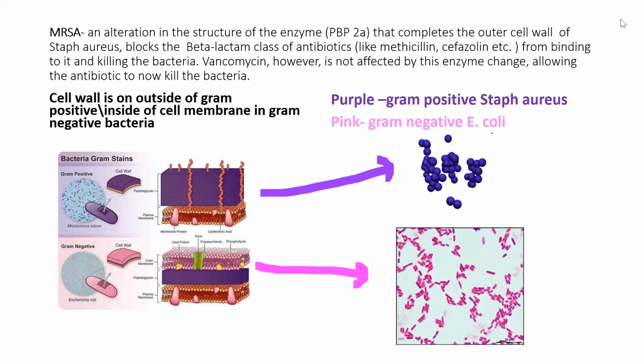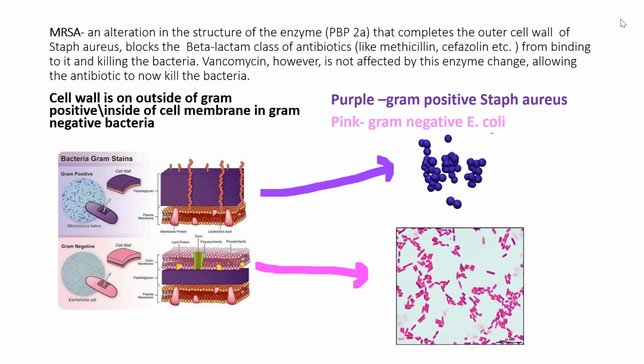Gram-negatives, on the bottom, have the cell wall sandwiched in between membranes. So an antibiotic such as vancomycin, which affects gram-positive bacteria, can get right up to the cell wall and be effective, but it's such a big molecule that it cannot get through the cell membrane, so it has no activity against gram-negative organisms.